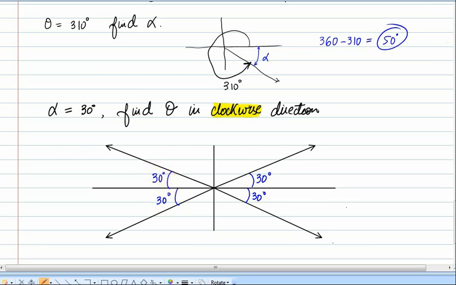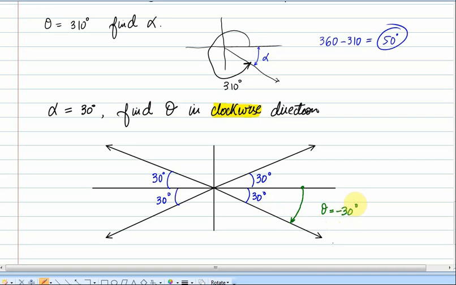But the direction of theta is clockwise. Now you won't start upwards, you will start like this. For the fourth quadrant, theta is equal to minus 30 degrees.